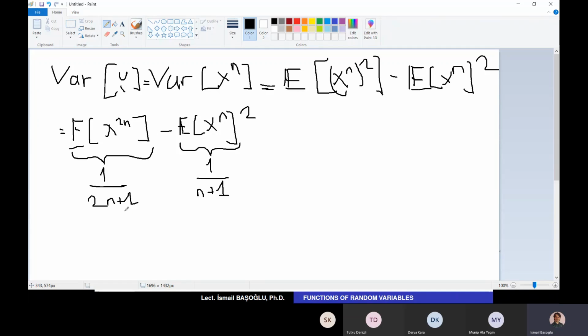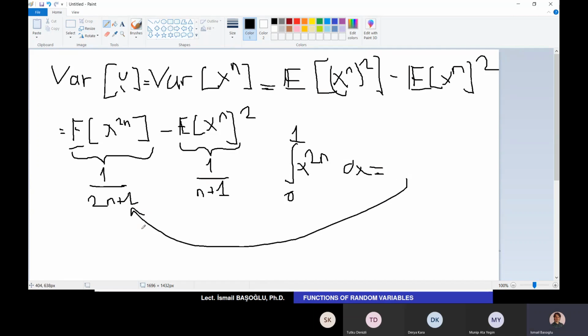I mean, we are not supposed to calculate the integral in any way, but if you are really interested in calculating that integral, you are supposed to calculate the integral of x to the power 2n multiplied with the PDF, which is basically 1. Between 0 and 1, you are going to calculate that integral, and that is going to result in 1 over 2n plus 1 here.